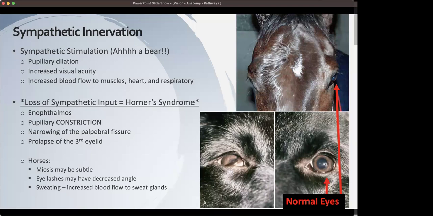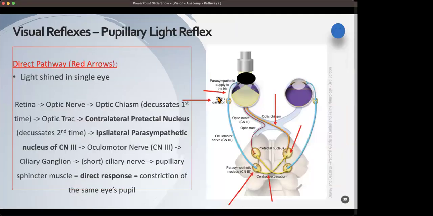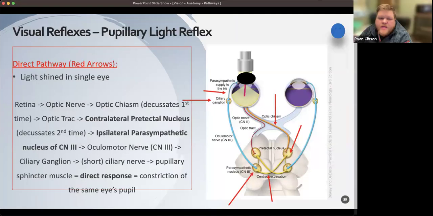I have a question. Go for it, Jennifer. When we were talking about the pathways, you said behind the chiasm, vision and something else separates. What happens is the visual pathway and the PLR pathway are all the same up until the optic chiasm.